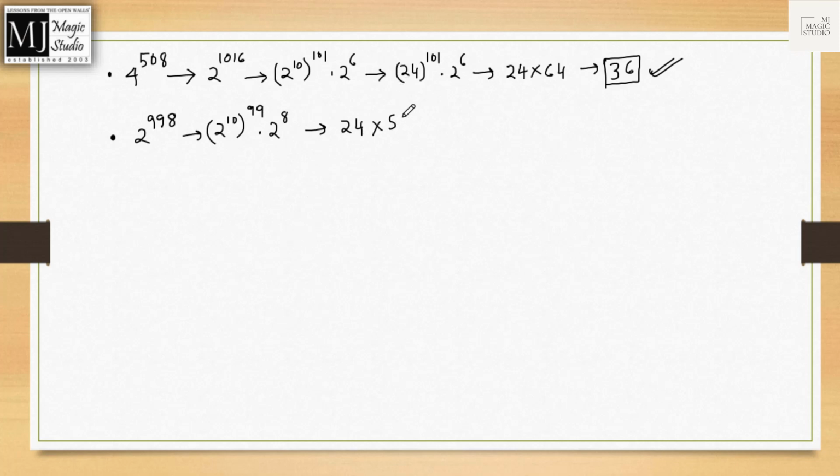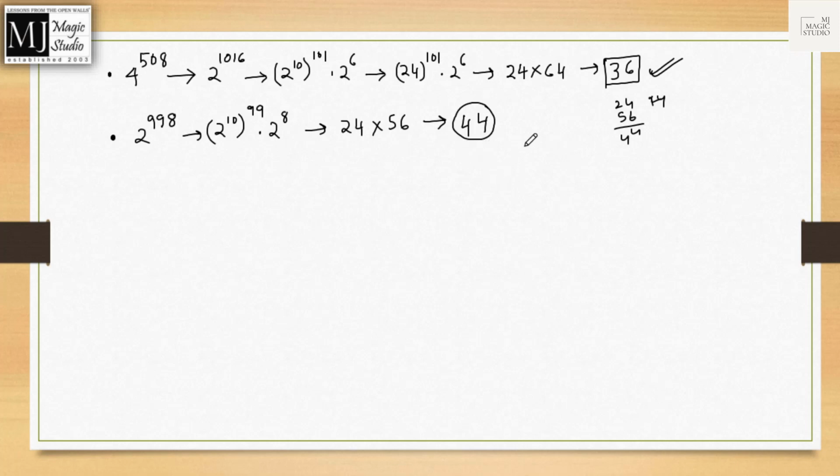So into 56 we need to do. So it is simply 4 times 6 is 24, 4, 2; 24, 56, 24, 2, 12, 14 and 24. So last two digits what we'll get is 44.